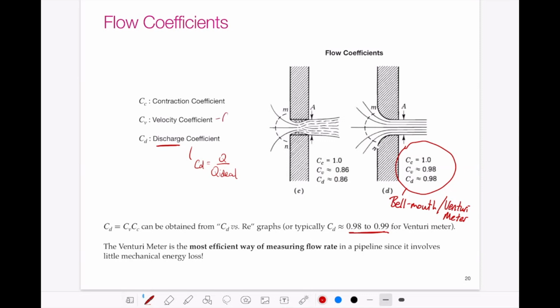Velocity coefficient, CV, is equal to V over our ideal velocity, which would be if there are no losses. And then for the contraction coefficient, an example would be the area of the actual flow exiting some device divided by the actual area.